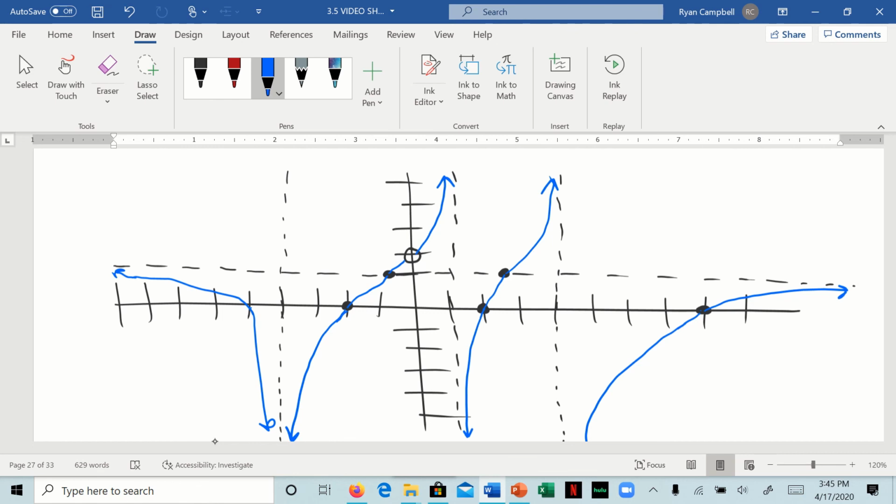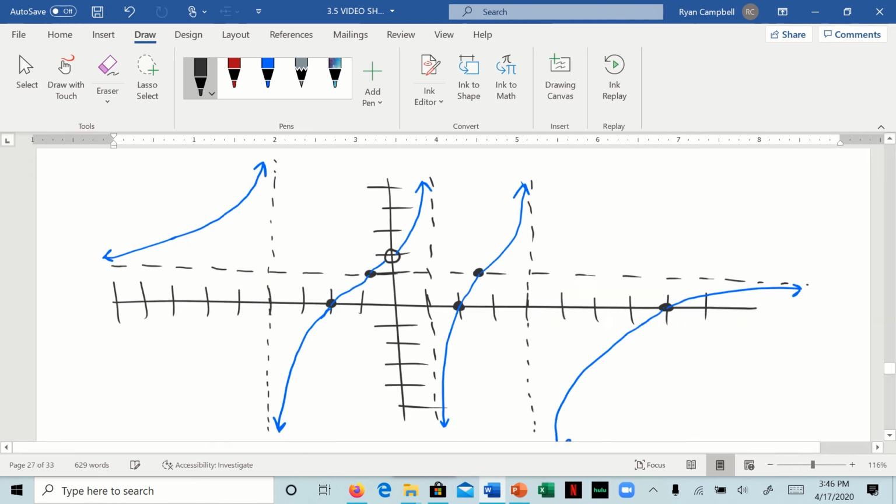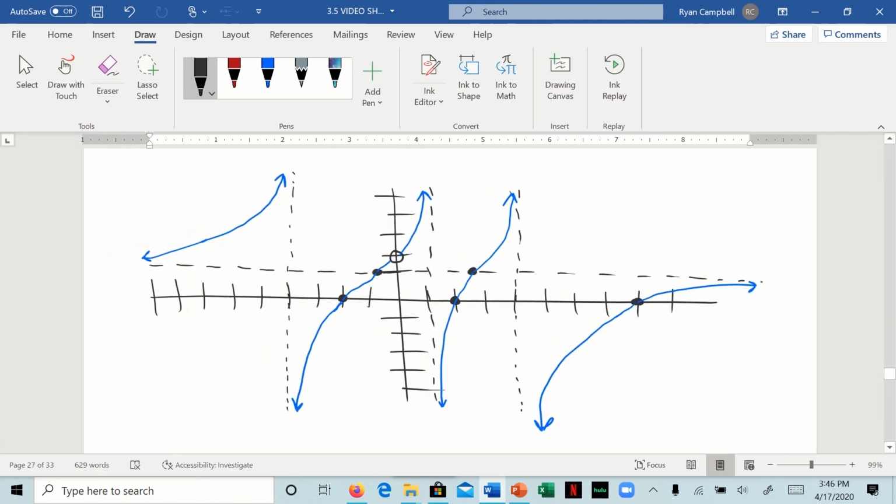But again, since there isn't a point on this side that actually crosses, we know that it's not going to go on the bottom. So it has to be up top. So if it's up top, right, going to the left, it's going to get closer and closer to the horizontal asymptote. Then to the right, it's going to get closer and closer to that vertical asymptote. So this is what our graph will look like when we are done.